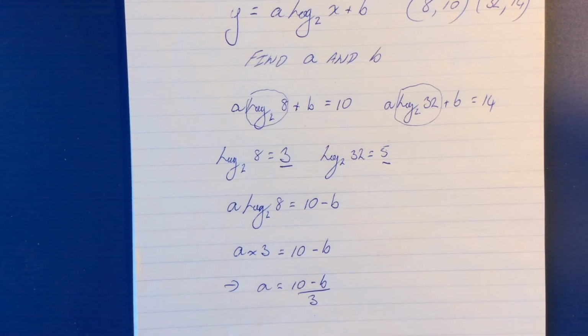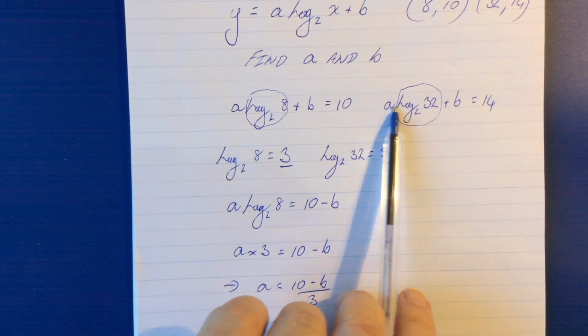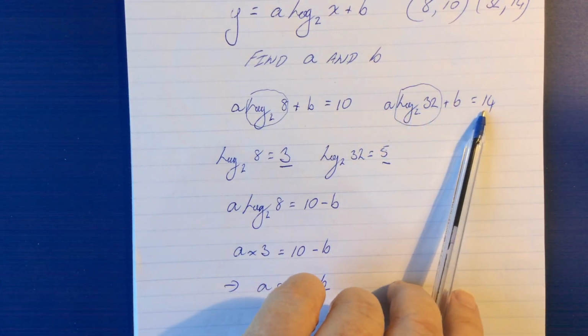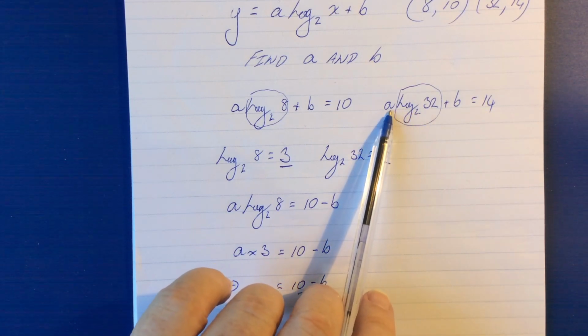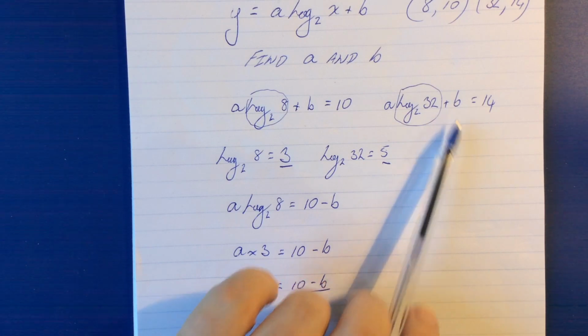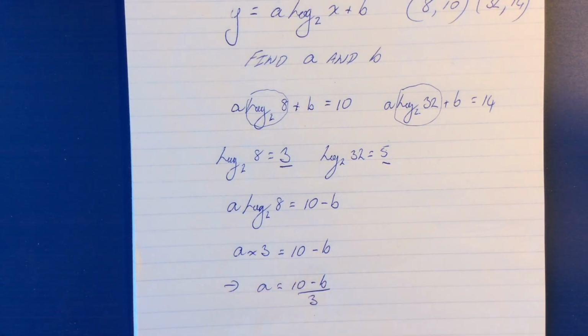Now, how does that help me? Well, what it does is it means that if I take this expression for a and, for instance, put it into this expression, I've got an entire expression in terms of b, and that is extremely helpful.